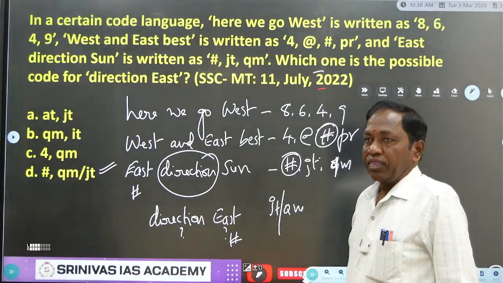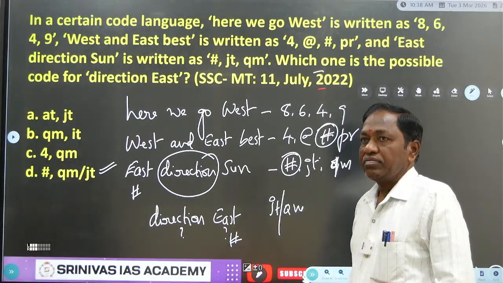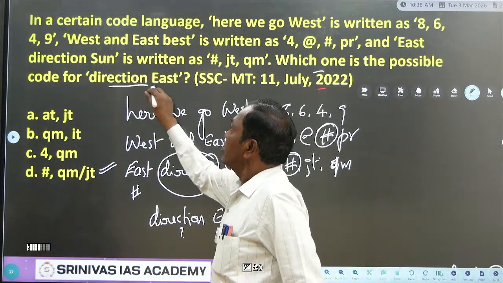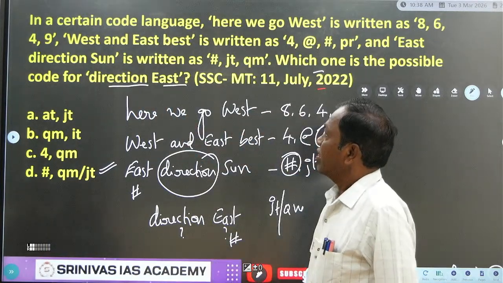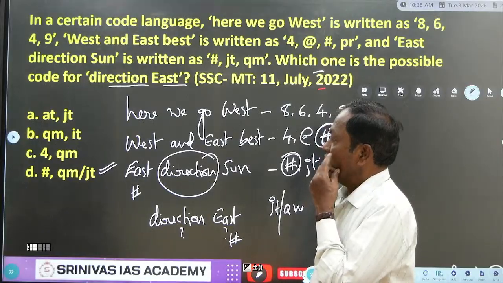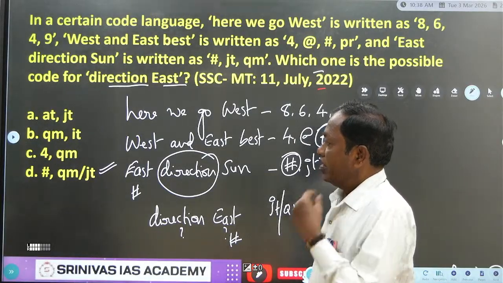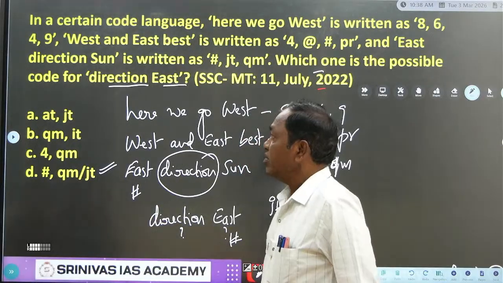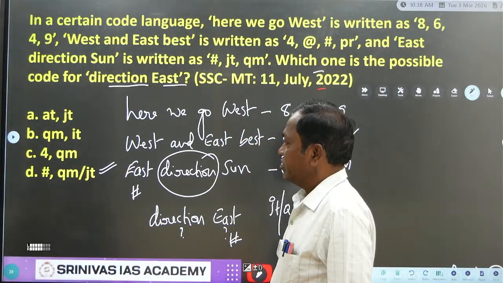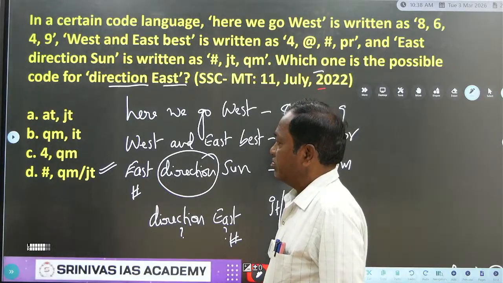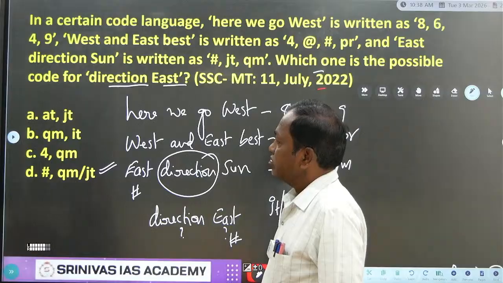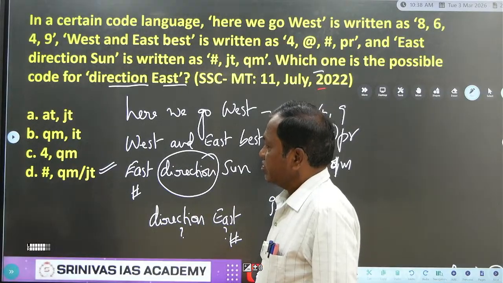Sir, but the question is direction east. Ash should be in the second place in option D. Ash should come second. No, this is QM or JT. That's the sequence. Direction is coded as QM or JT, so that should come first and then ash should come.